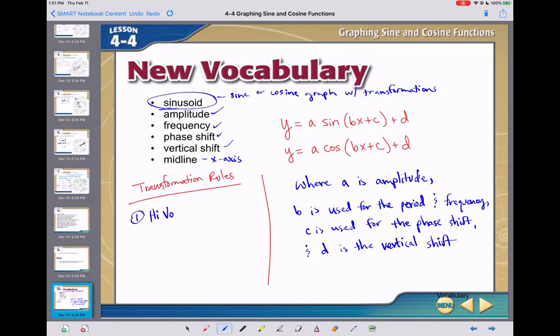That horizontal will be inside, vertical will be outside. So A and D are verticals. Letters A and D, while letters B and C will be horizontal. Okay, and then rule number 2 is that inside lies, outside tells the truth.